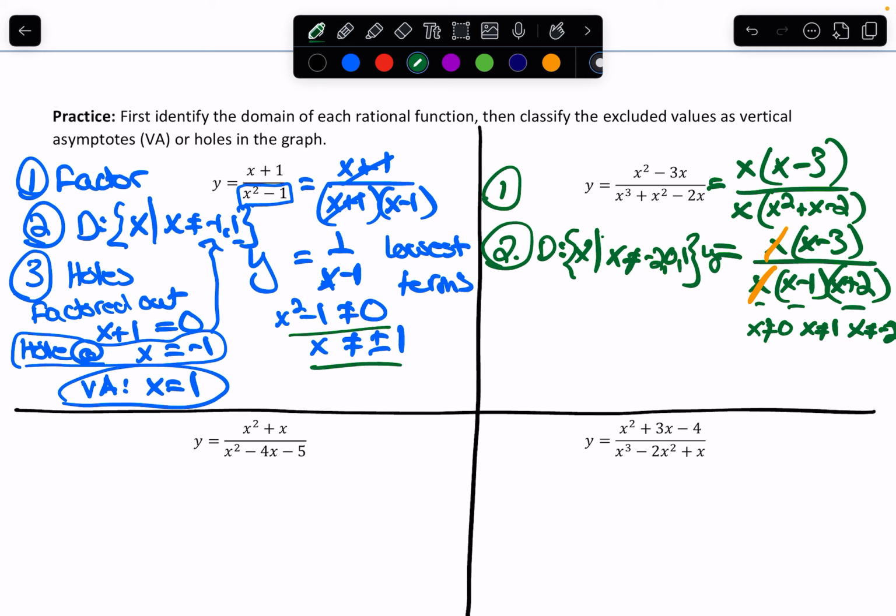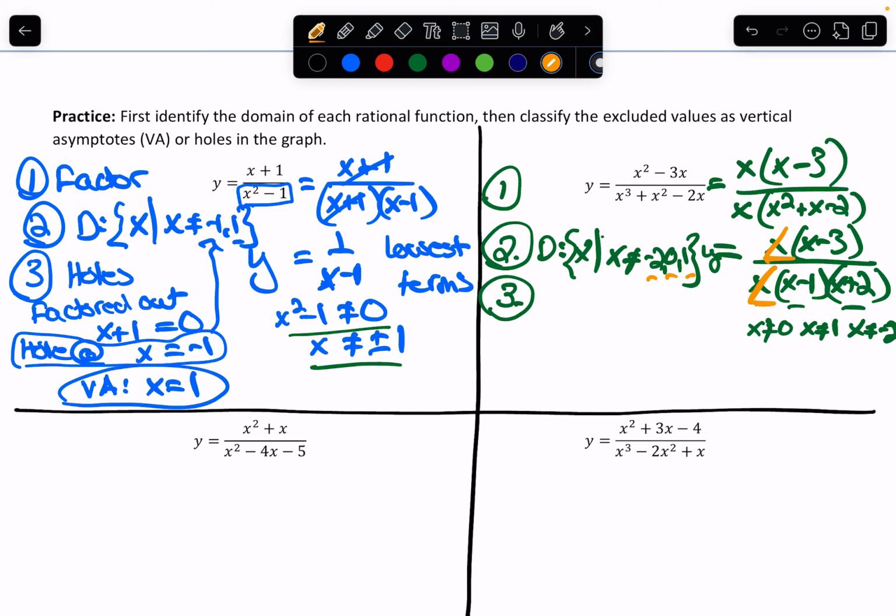Now, that is our domain. Now we're going to go ahead and look at which one of these numbers, negative 2, 0, and 1, we were able to factor out.